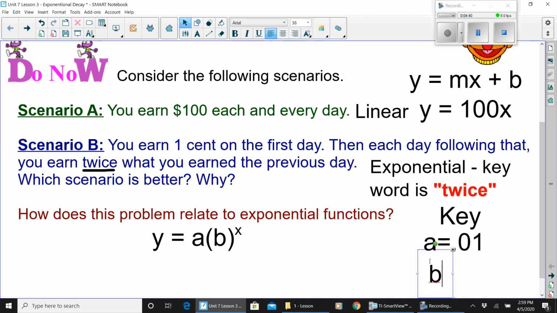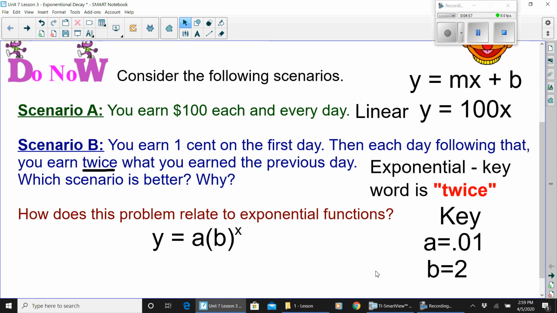And then I'm going to put b, and my b is that next number, that multiplier, right? How much am I going to earn? So it's twice the amount, and it's going to be 2.